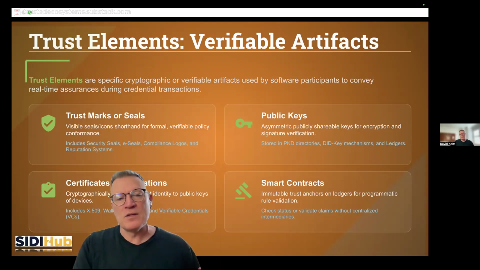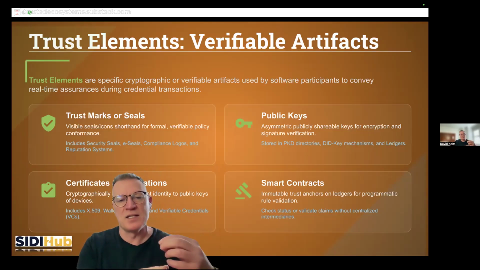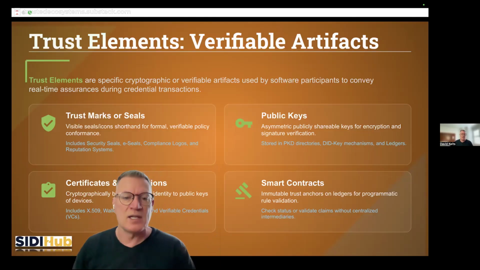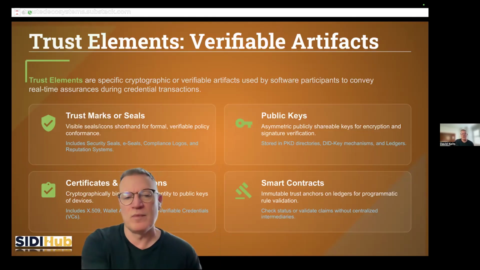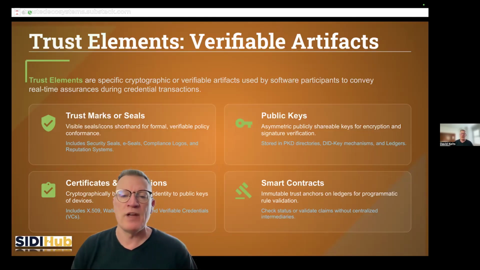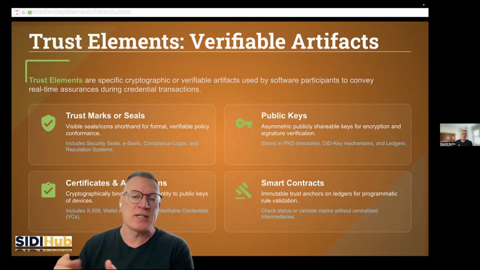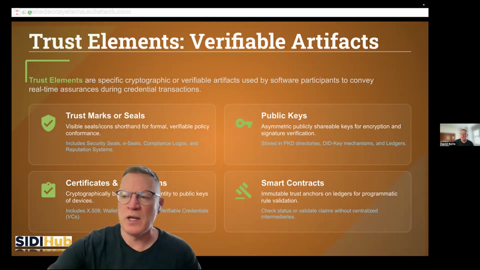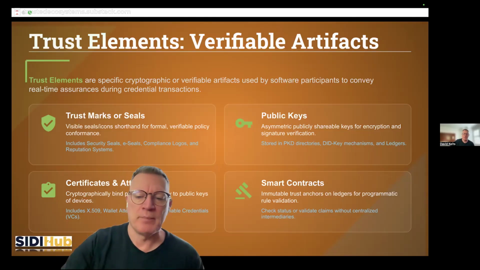They could be certificates or attestations so that you can introspect and see, okay, this metadata ties this entity to this public key. I can potentially challenge the public key to see that the other entity is in possession of it, and the potential of smart contracts here, right? Where the inspection of what is being conformed to happens in real time.